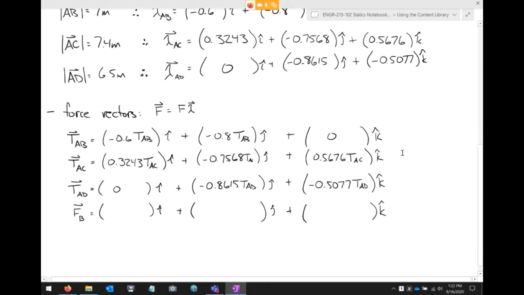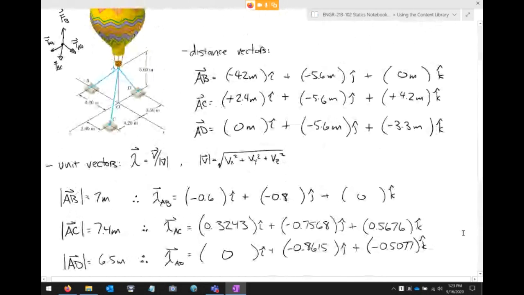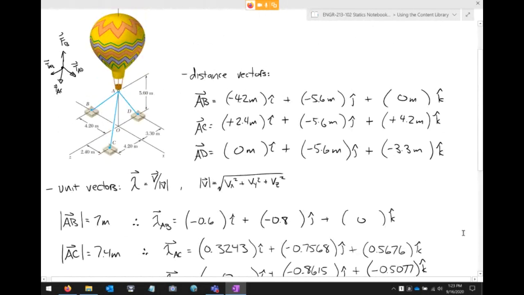Now, the one thing that we haven't filled out is the balloon force. Let me scroll up a bit. I don't like scrolling up and down too much, but here's the problem. Can somebody just tell me what is the balloon force? Remember, the balloon had a magnitude of 800 newtons.